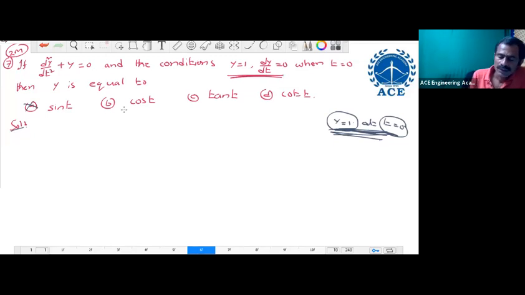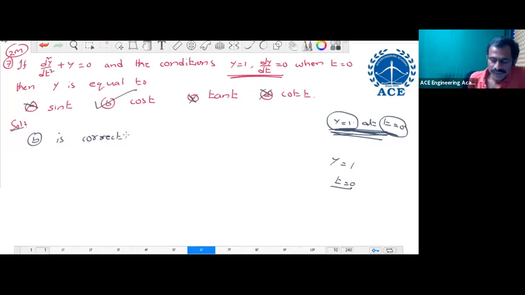So let us go to the next option: tan 0 is 0, but y is 1. This is wrong. Cot 0 is not 1, because it is infinity. So this is wrong. Only the second option gives 1 for t equal to 0. So the condition is satisfied only with option B. That is why option B is correct.